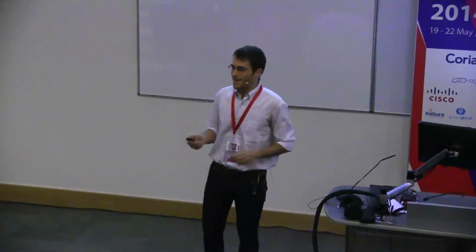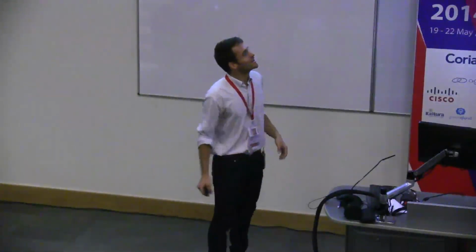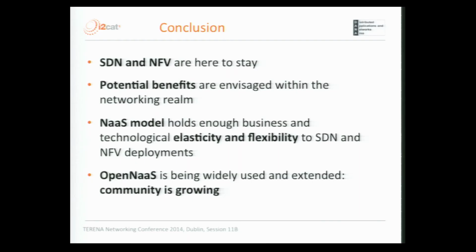Finally, last words, because I think I'm out of time. So what we can say to close up is that SDN and NFV are here to stay, that for sure. There are many potential benefits envisaged adopting these kinds of solutions.